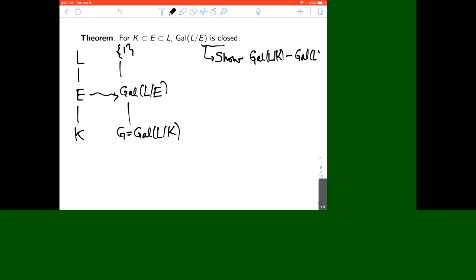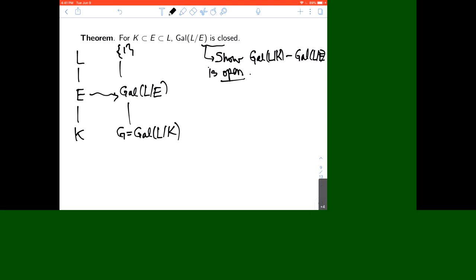The complement, like the complement of any subgroup, may or may not have any structure, but we're going to show it's open because we know how to show something is open: pick a point in there and find a basic open inside of it that's also in there. Done. So let's assume that E is not equal to L. So we're not talking about the empty set. If we were, very easy case.